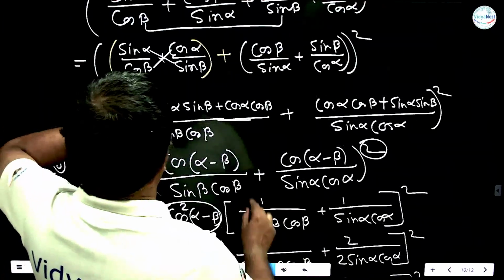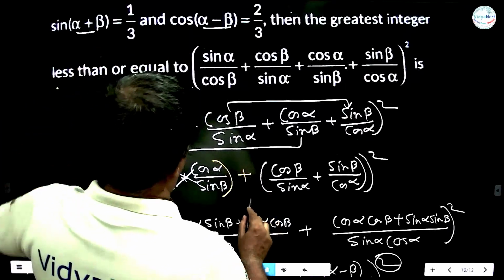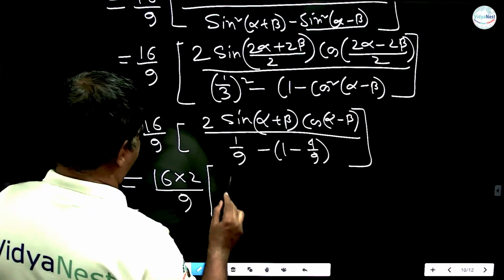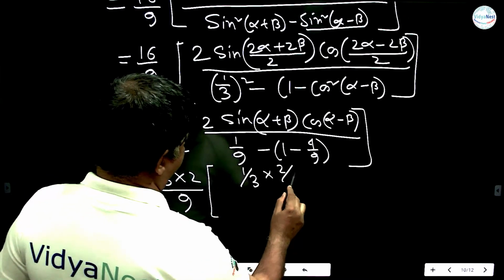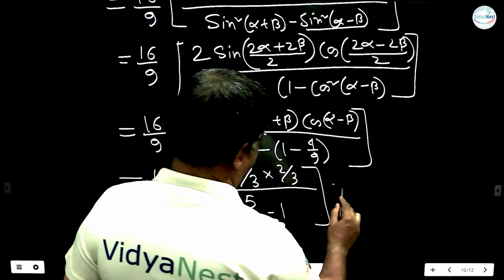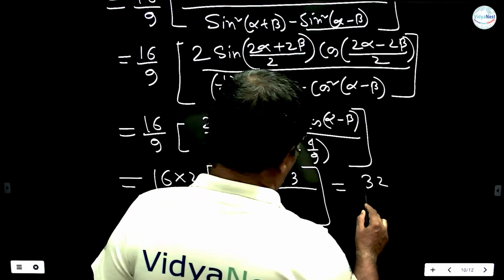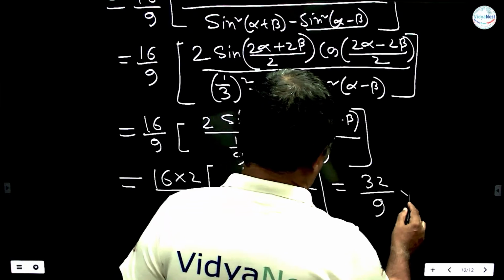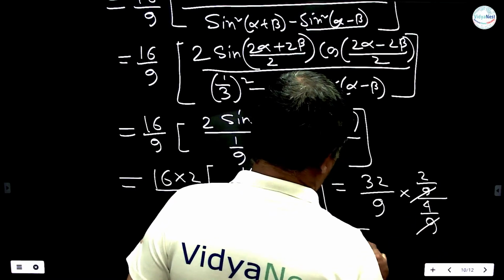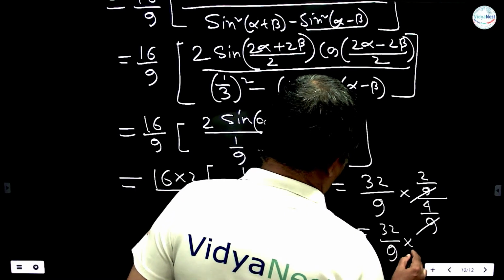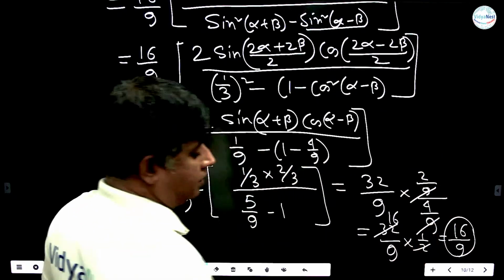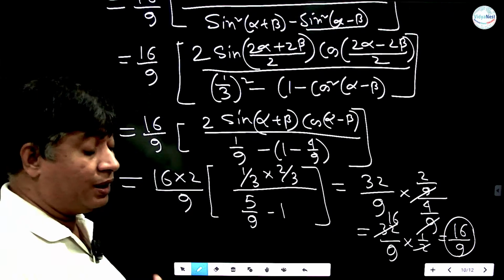Sin alpha plus beta is 1/3, cos alpha minus beta is 2/3. The answer is 16 by 9.